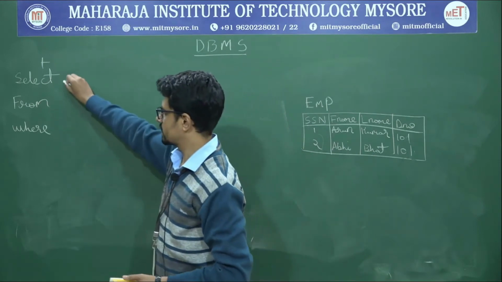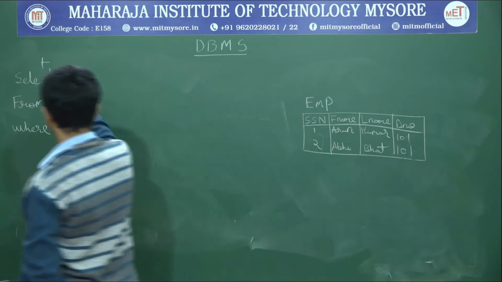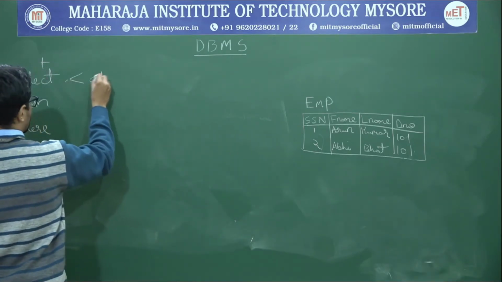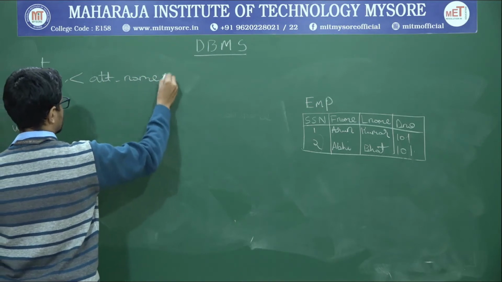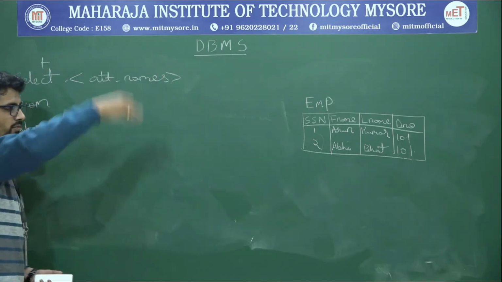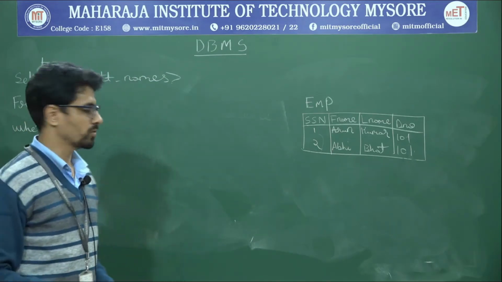So what are the select clause, from clause and where clause doing? The select clause takes the attribute names, which are the attributes you want to be displayed as output.